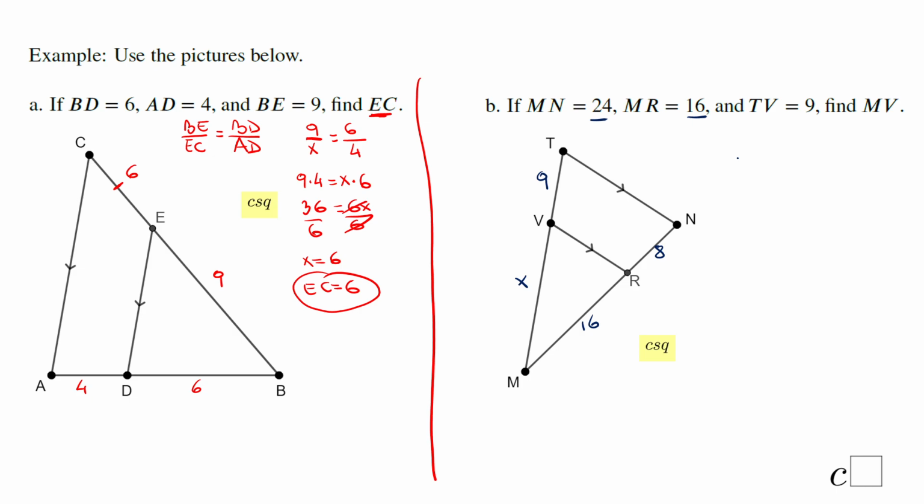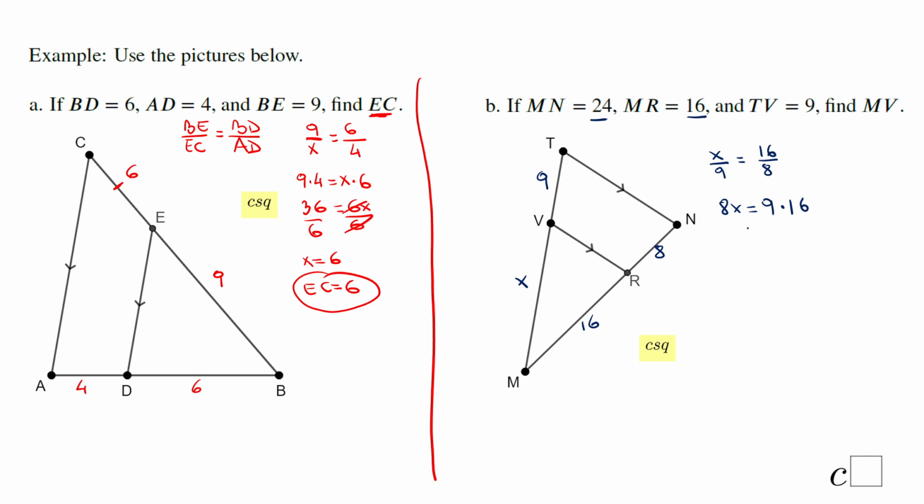So what will be the proportion? X over 9 equals 16 over 8. Again I use the previous theorem, and we have X times 8, or 8X, equals 9 times 16.